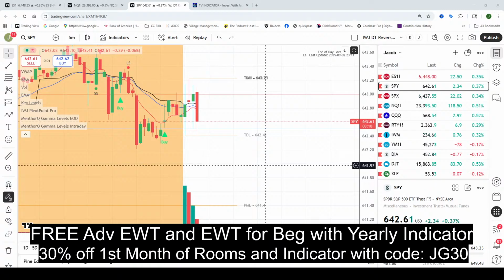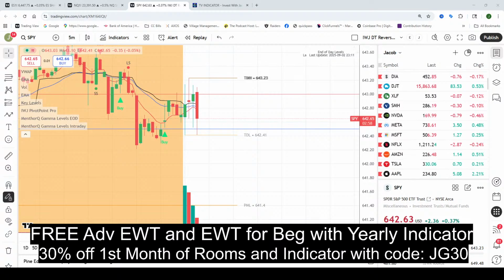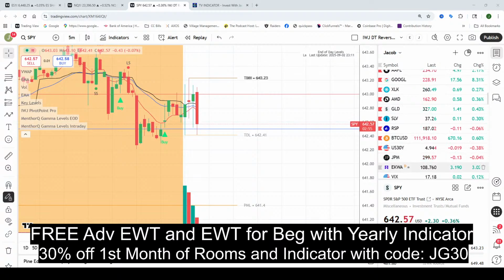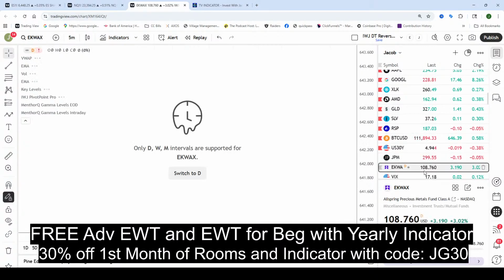Everyone's still piling into gold. Yeah, we have a target of 350 or so, and that could extend. We will pull some out around that level, though. EK Wax is our metals account over here on the side. You'll see it here in just a second. It's right here. Oops, I didn't mean to click on it. 108,760 is where it's at as of yesterday. You get it each day.